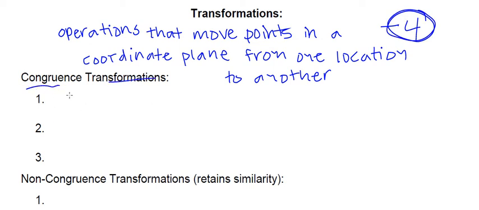A lot of you know that the word congruence means equal. These are transformations that take the original shape and move it, but the new shape is still equal in size. If you found the area or the perimeter of the new shape, it would be exactly the same as the original shape. Let's also remember the original shape is called the pre-image.